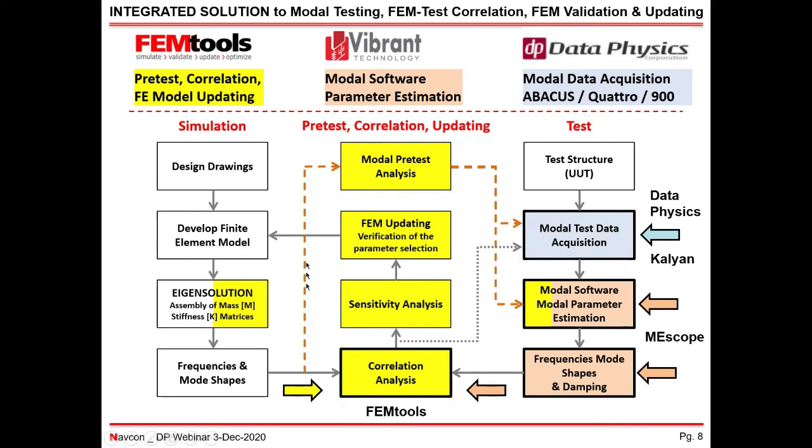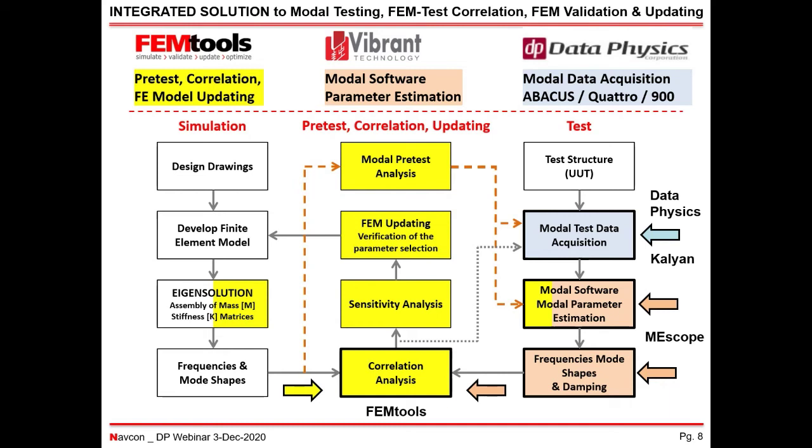And we can use that information to conduct a pretest analysis. The pretest analysis is really an analysis to help us plan our modal test. So during the pretest analysis, we can determine where we need to be exciting the structure, either through impact or shakers, where our accelerometers should be, and if our accelerometers are going to mass load the structure.